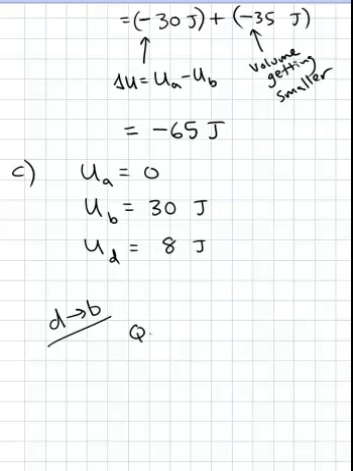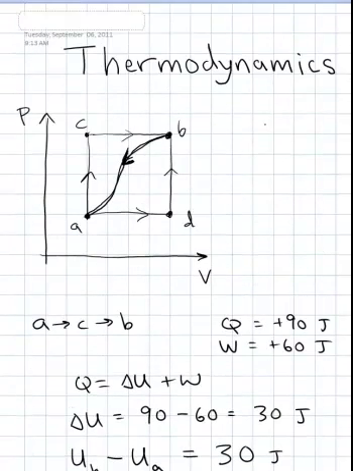So Q is going to equal delta U plus W. And delta U, I'll write it out here. It's UB minus UD, right? Because it's always final minus initial. And the work done in this case is 0, right? We're going up. Let's just take a look. Where's our PV diagram?